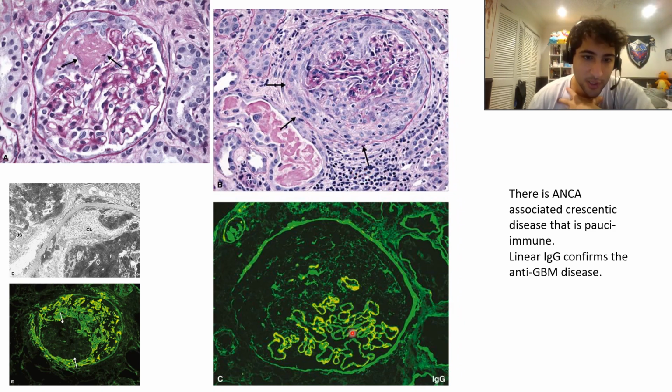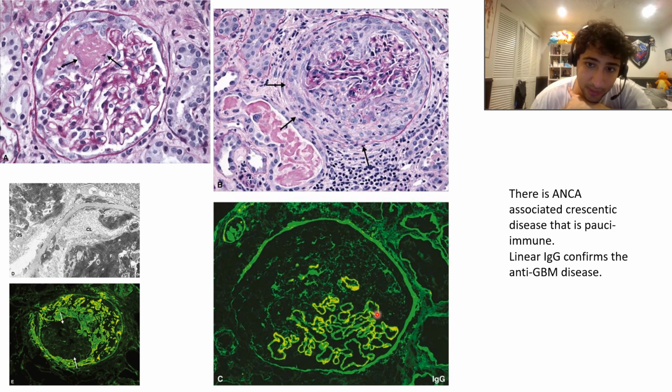All right. So over here we have the anti-glomerular basement membrane disease. So you can see here it's all lighting up on IgG. When you use your anti-IgG antibody for fluorescence, you can see it really just lights up.